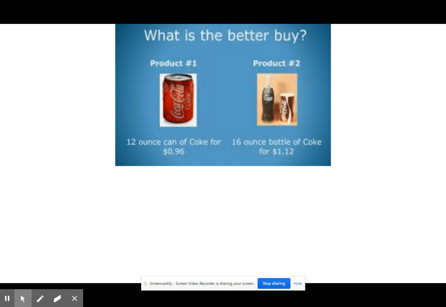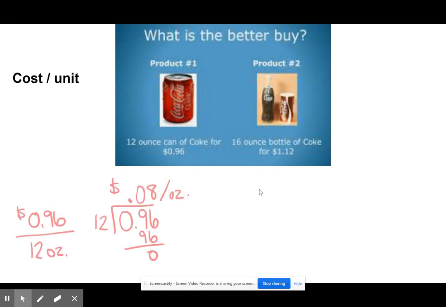Okay, let's compare these two products. 12 ounces for 96 cents versus 16 ounces for $1.12. I'm going to divide the cost by the unit of volume. Here's my work.